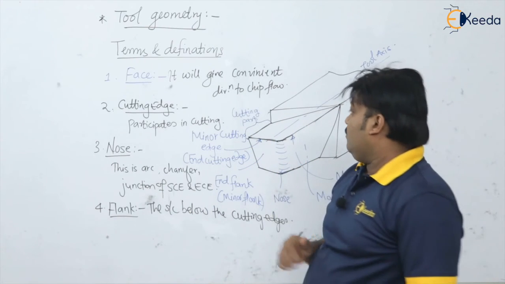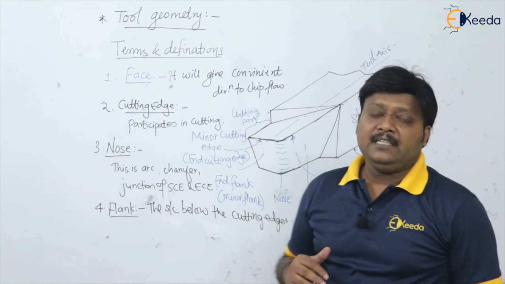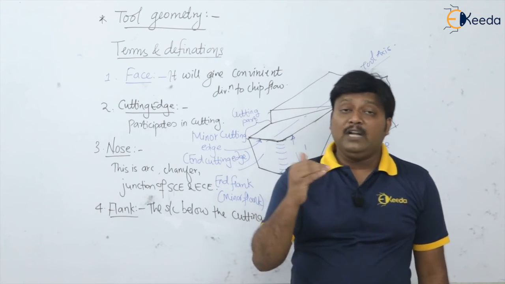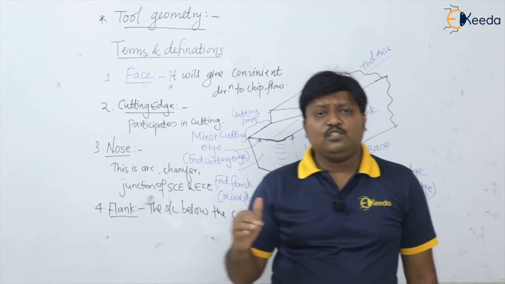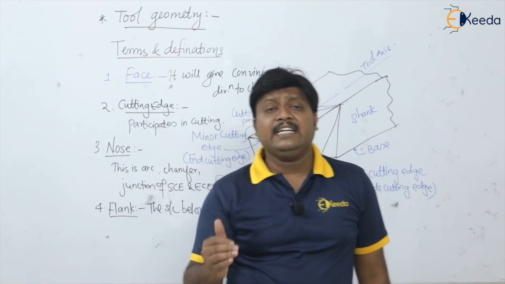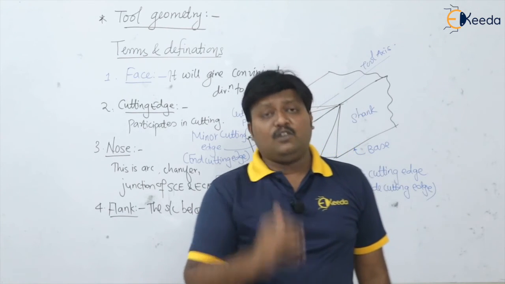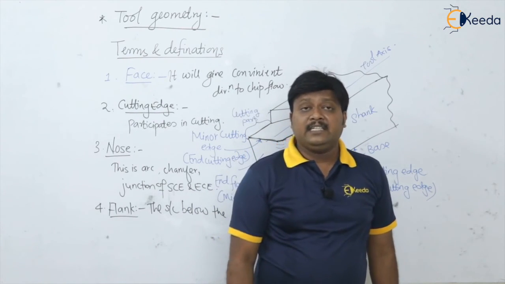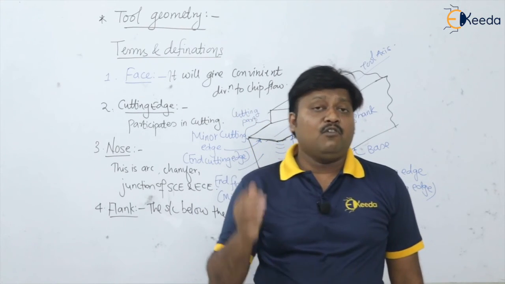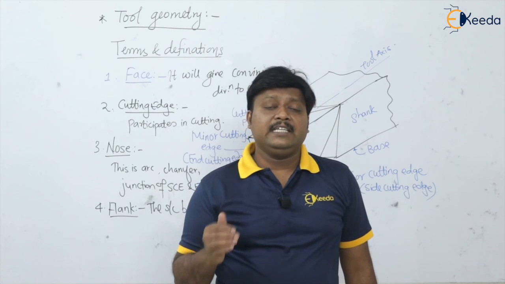Now of course in tool geometry we are going to define the tool angles. And these tool angles are very important because they directly influence the performance of the tool. That is why the selection of the values for the tool angles is very important.